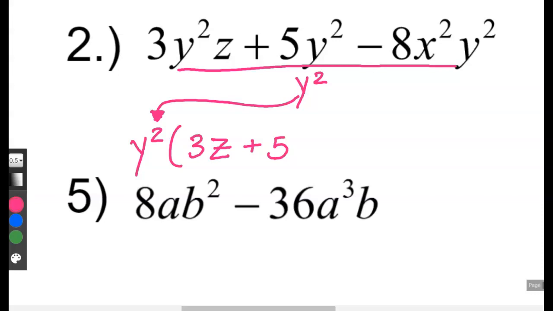And on the last term, I have negative 8x squared times y squared divided by y squared. What happens there? Yes, the y squareds cancel, so you're left with just negative 8x squared. So my end answer is y squared, parenthesis, 3z plus 5 minus 8x squared, end parenthesis. I have pulled out the GCF of y squared.